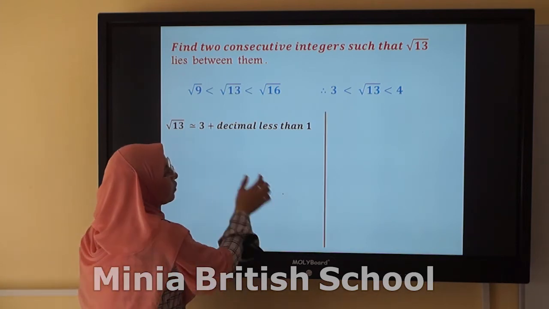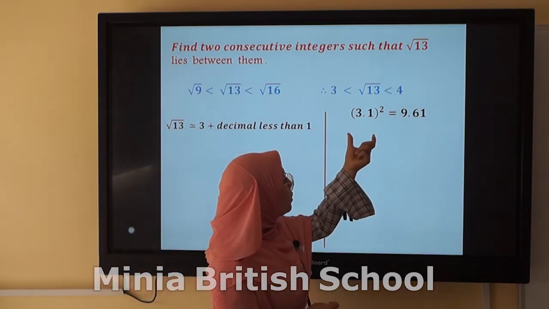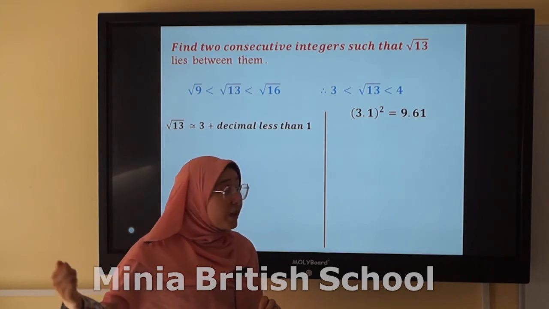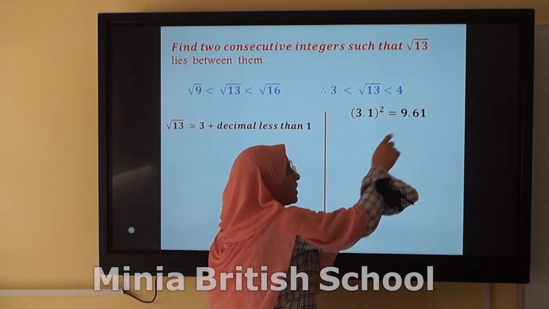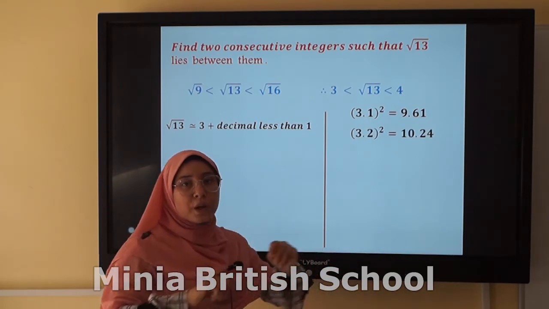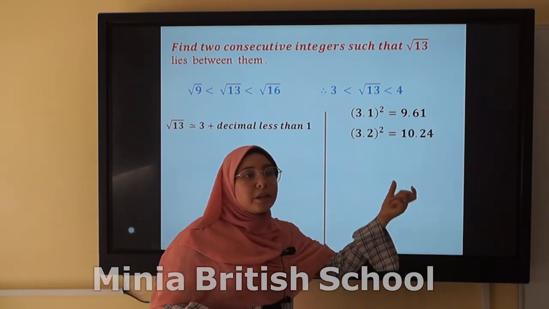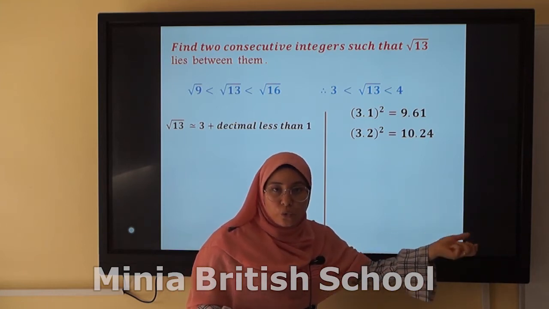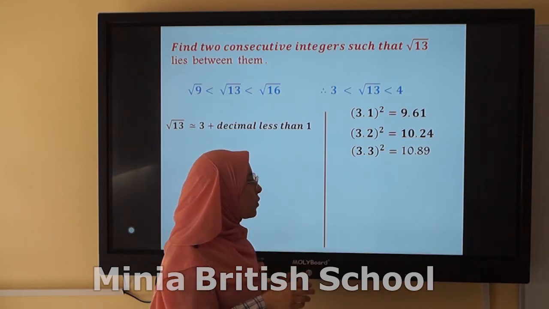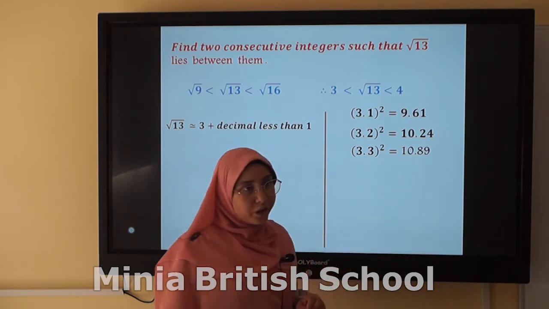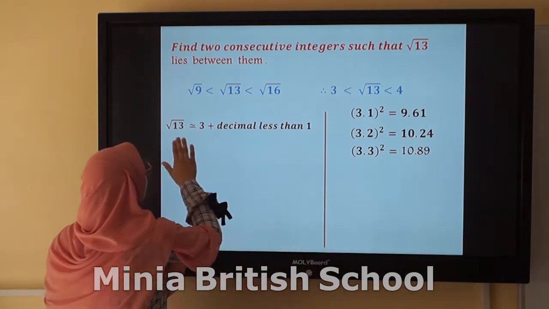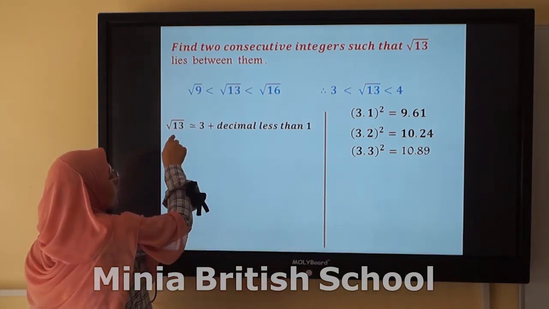So the first one, 3.1 squared equals, with the calculator, 9.61. Also, 3.2 squared equals 10.24. Okay. 3.3 squared equals 10.89. Now, until now, I have not reached 13, okay?